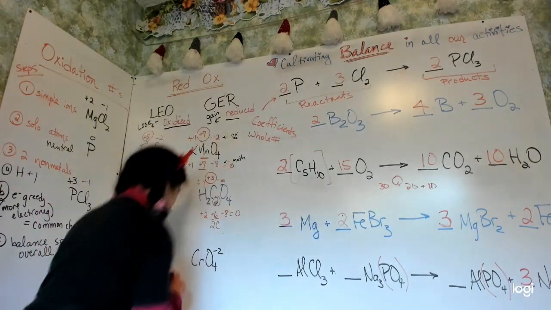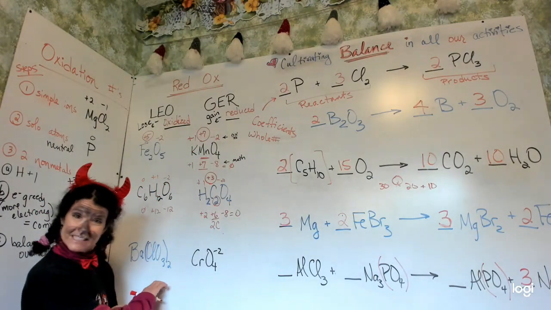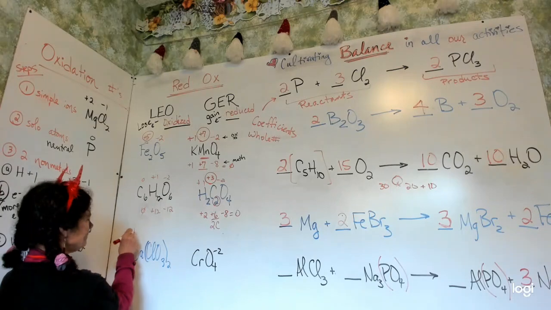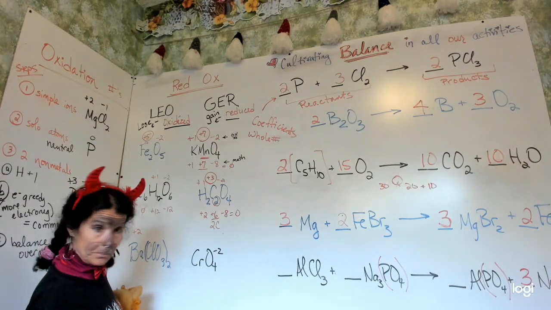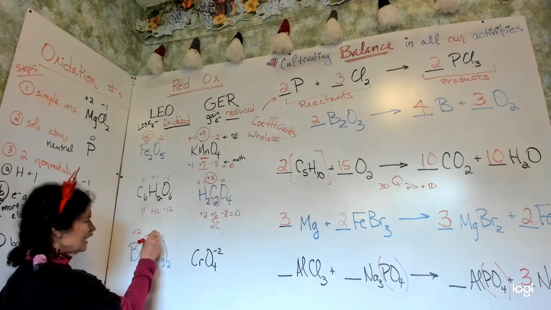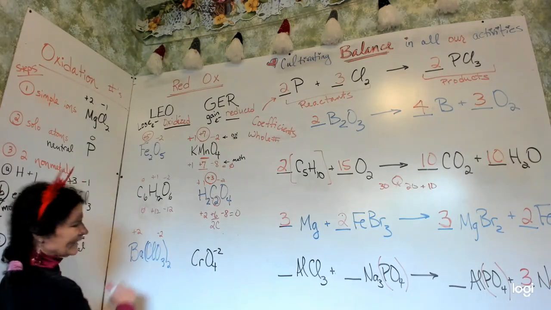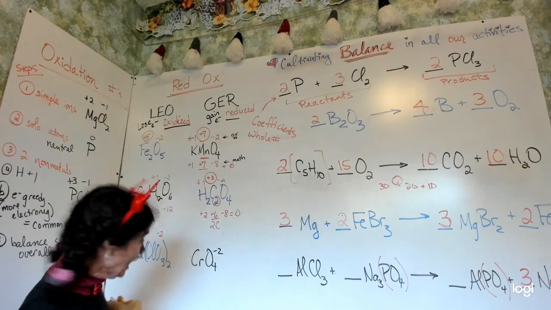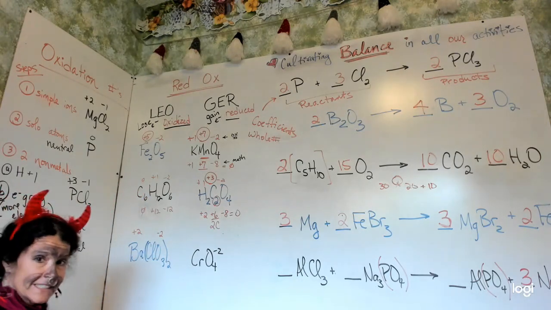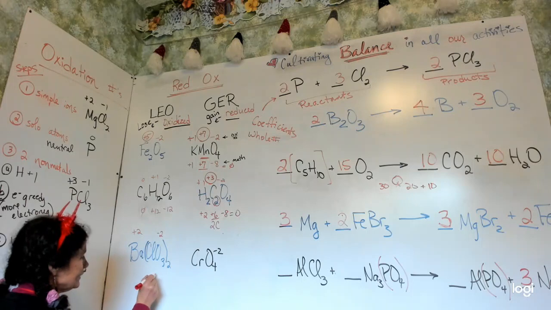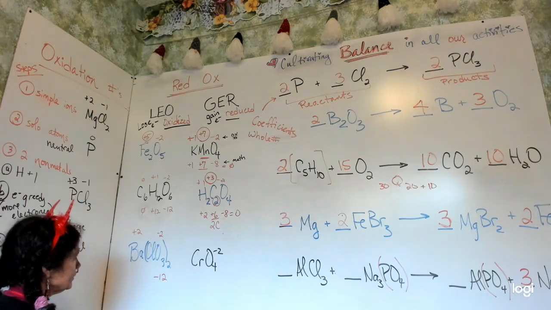All right, this is a tough one. Let's do it. Barium's a +2 because it's a 2A. They're always +2 unless they're by themselves. Oxygen's -2. How many oxygens are there? You guys are great at this now. There are 6 times -2, so that's a -12.